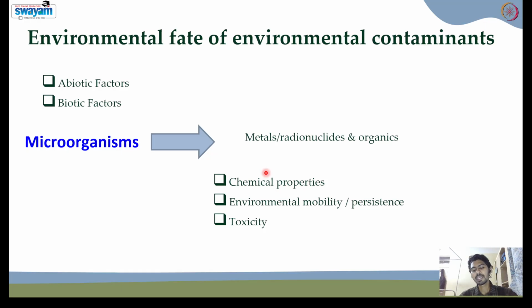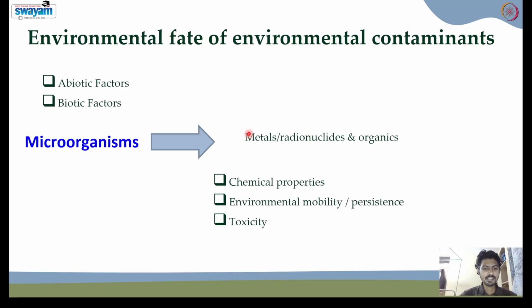Some pollutants can persist for a long period of time. Then concern must be raised in order to isolate a particular microorganism that can degrade this pollutant in a very short period of time. And then their toxicity, because in the case of metals, even in the millimolar concentration, they are toxic to the microorganism as well as to the environment.